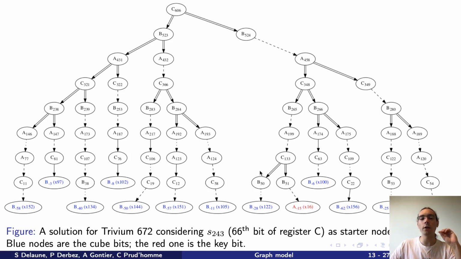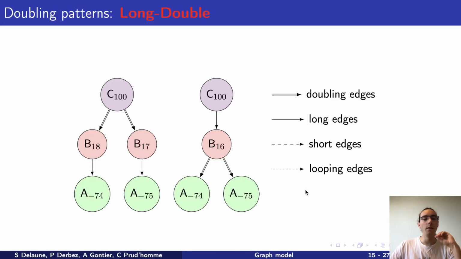But we could also try to constrain earlier in the graph the doubling patterns. So as I said earlier on the automaton, we have a long double pattern. If I take the doubling transition, then the long transition, I will end up on the same leaves as if I took the long transition, then the doubling transition. But we have several more patterns like this in Trivium.